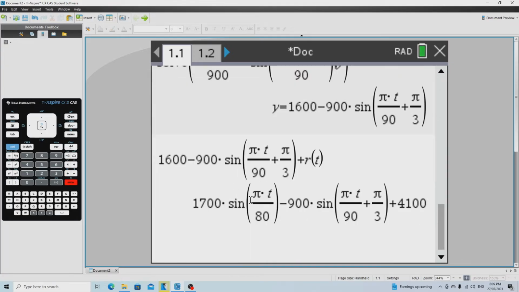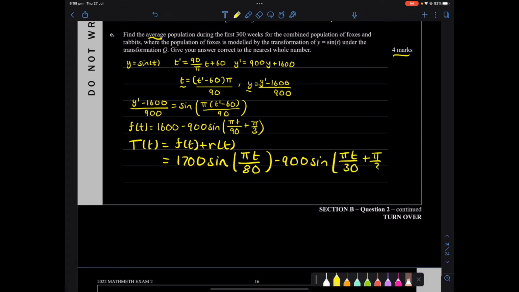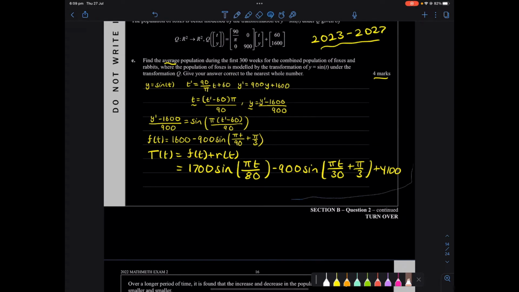We get 1700 sine pi t over 80 minus 900 sine pi t over 30 plus pi on 3, plus 4,100. I'm just going to make this smaller, and we are pretty much nearly done.